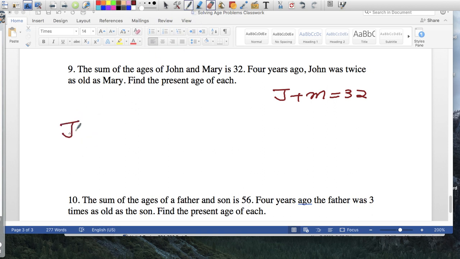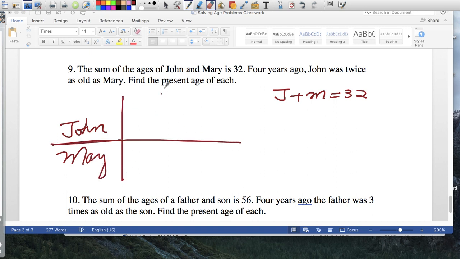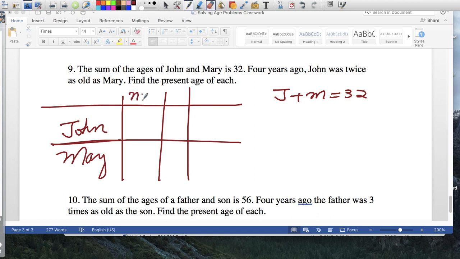Let's go create a table. John, Mary. So this is going to be minus 4. John was twice as old as Mary. Hang on, I got this.